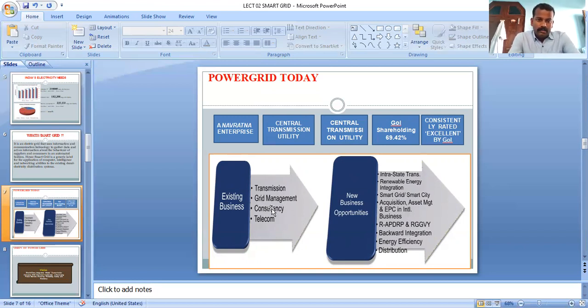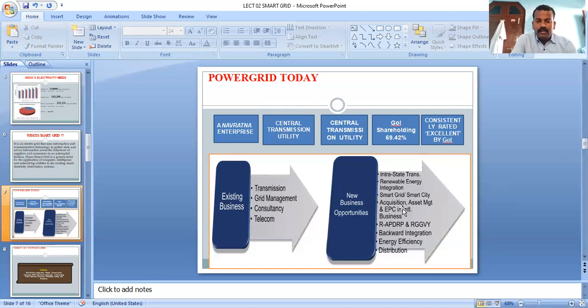Present grid system: existing business is grid management. Third one is consultancy, and fourth one is telecom. New business opportunity for the power grid is intra-state transmission.